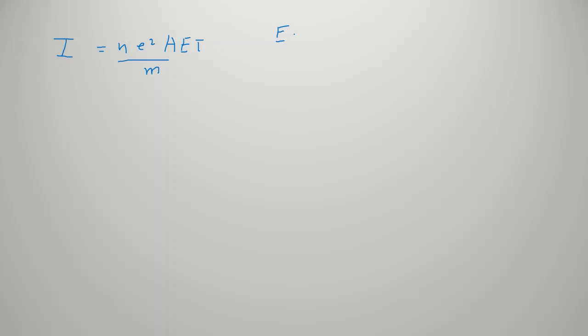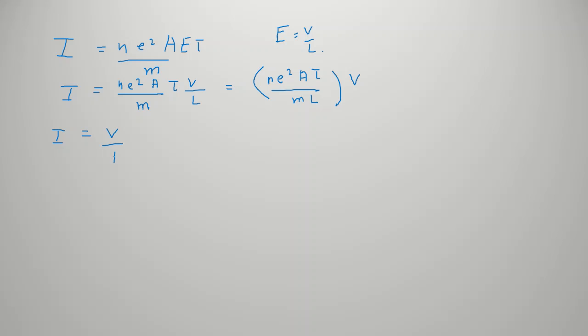Now we know E equals V divided by L, where V is the potential and L is the length of the conductor, and thus we replace it here as n e square A divided by m, then tau and V by L. And hence if we keep all these terms in a bracket, I equals n e square A tau divided by m L into V. As we know that I equals V divided by R.